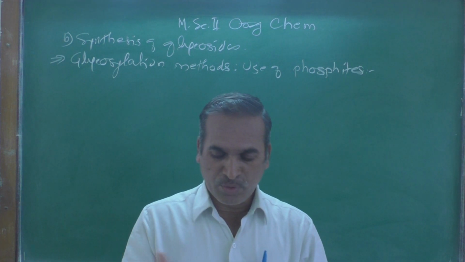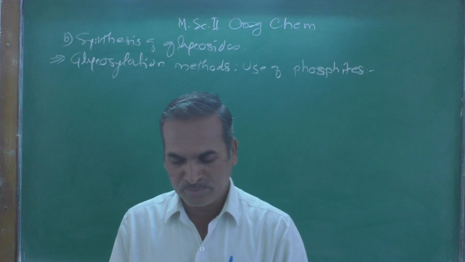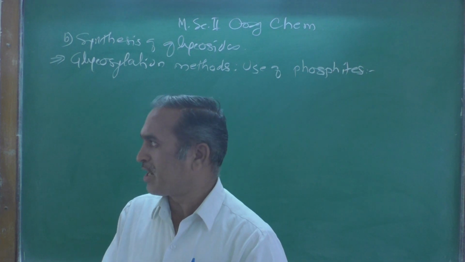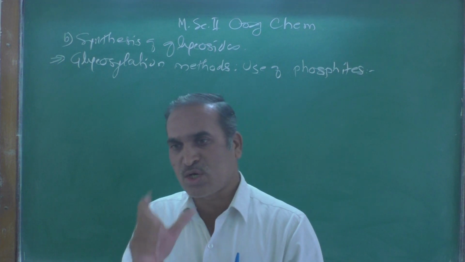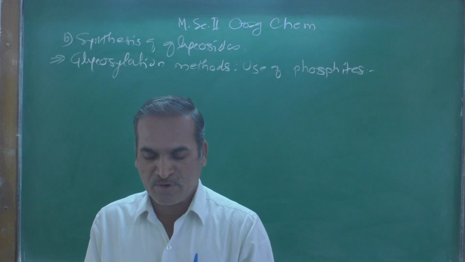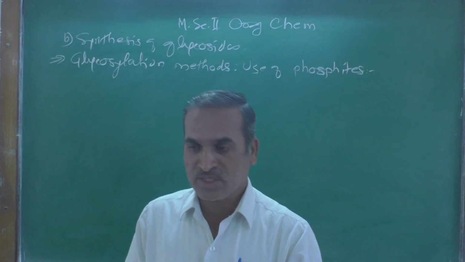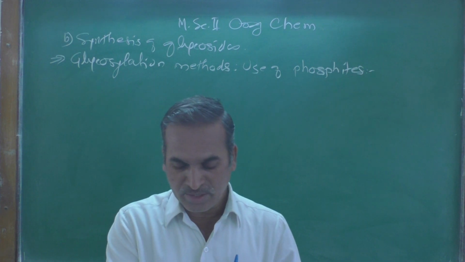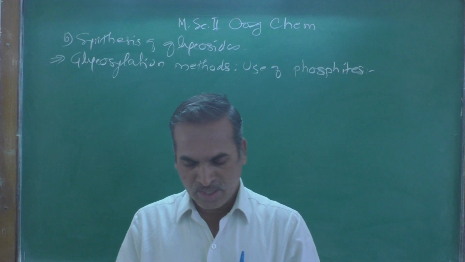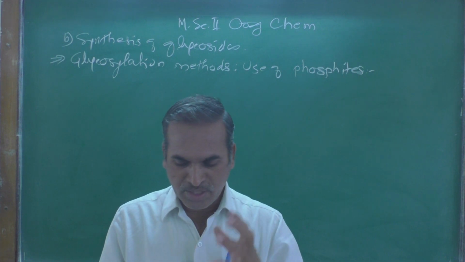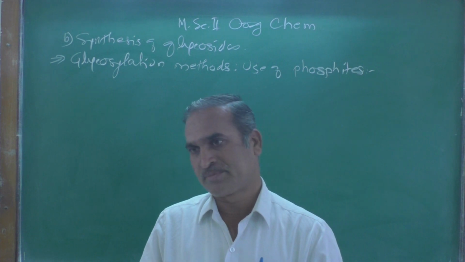We manipulate the protecting group to free the desired hydroxyl group so that we can form the glycosidic linkage, or the glycosidic bond, and we will get different types of glycosides starting from different starting materials. And number 3, separation of product after each step.